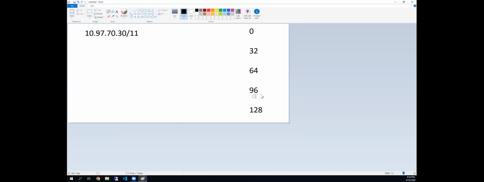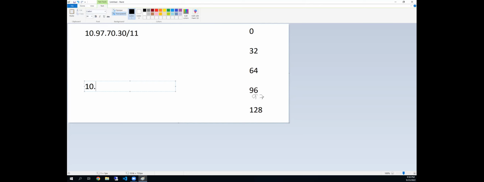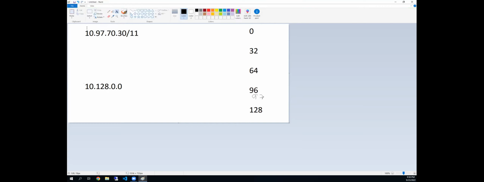The first one is 96 and the second one is going to be 128. Do we agree? Because that's the range we're working on right now. Let me write it down here. It's going to be 10.128.0.0.